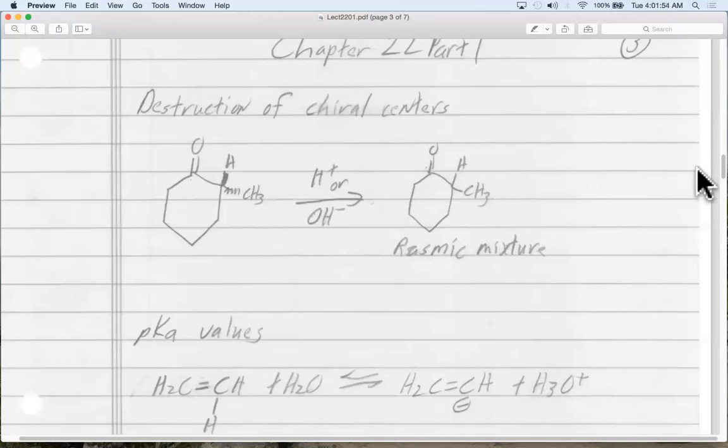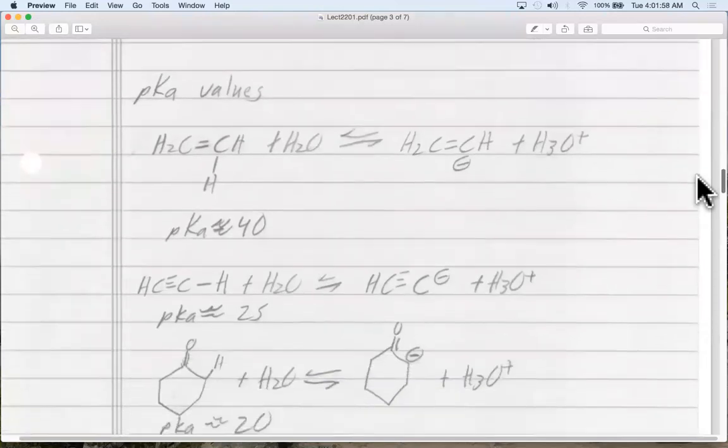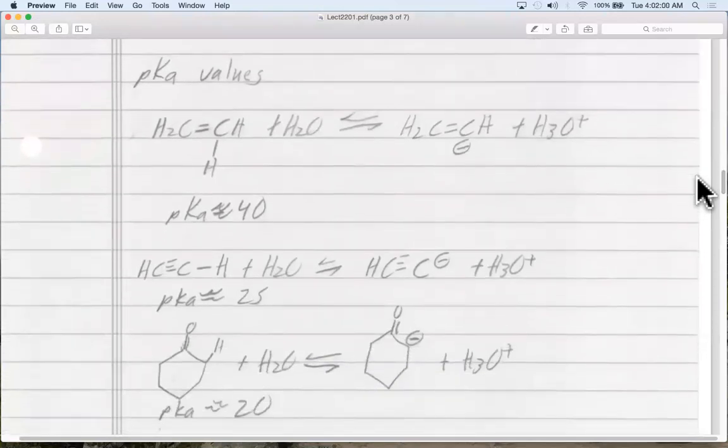Now, we said that that hydrogen was more acidic than normal. Let's just look at a table that illustrates that. We know that the hydrogen attached to a C double bond C has a pKa of about 40. It's very non-acidic. The triple bond, remember, is more acidic because of the sp hybridized bond versus the sp2 hybridized bond.